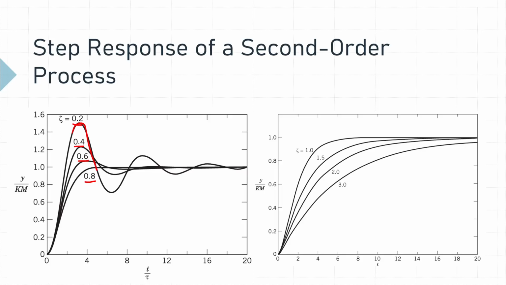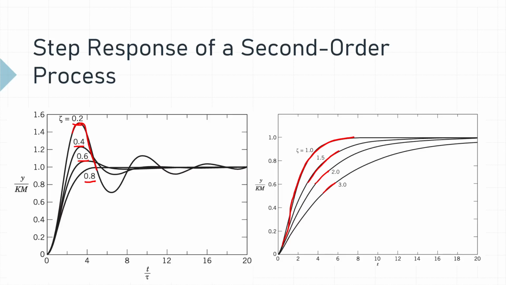Next, large values of zeta result in a sluggish response. Let's say if it was critically damped, that's this specific part of the graph. If it was overdamped, 1.5, 2.0, and so on, you notice how you need more time to arrive at the same y over Km.